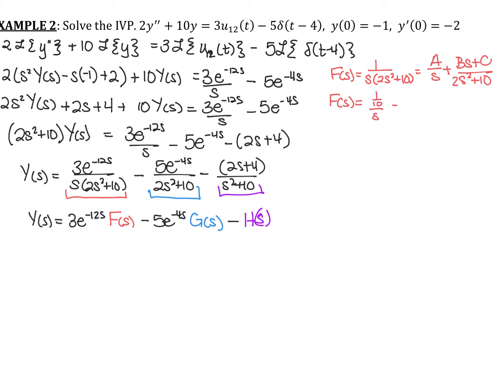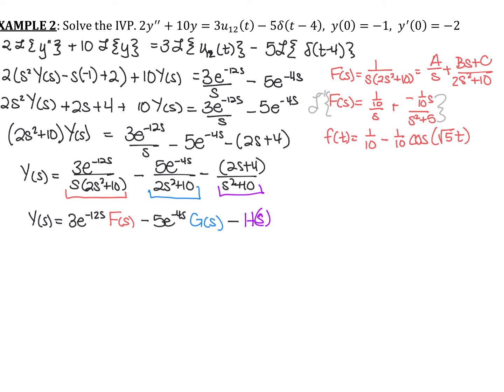We get 1/10 over s plus negative 1/10 s over s squared plus 5. And so when I do the inverse Laplace of this expression now, then what we get is f of t is going to be 1/10 minus 1/10 cosine of root 5t.